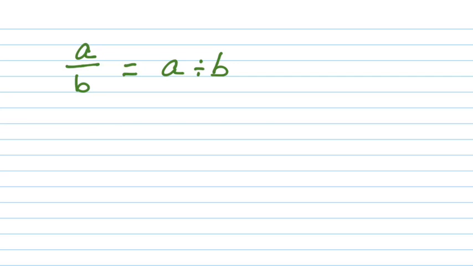So, say for example, and again, I'm just going to use a's and b's and c's, if we have some fraction times a number, then we can use the fact that fraction means to divide to find the fraction of a number.